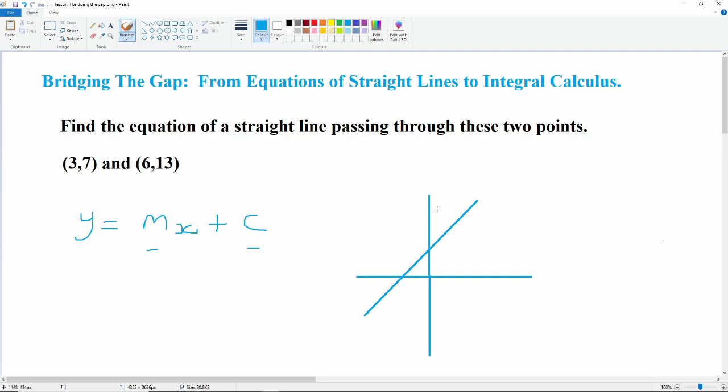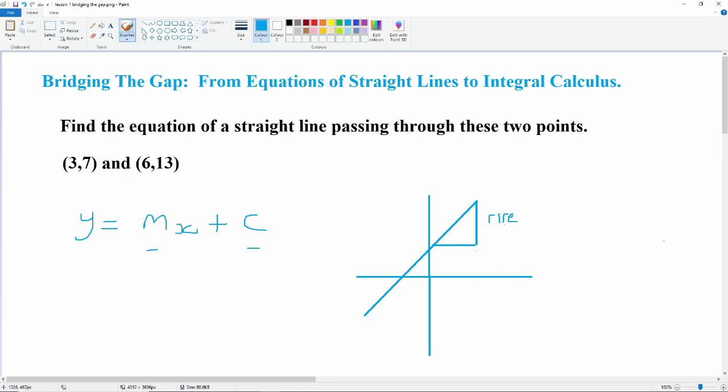And so the slope of the line is how much it goes up by how much it goes across. How much it goes up, you might have heard it called the rise.